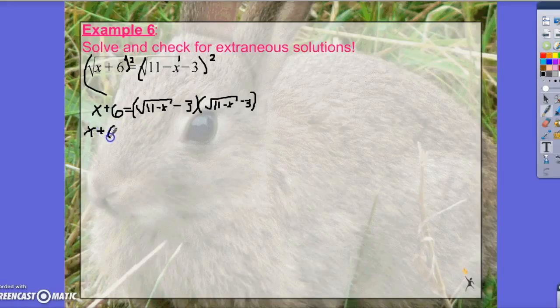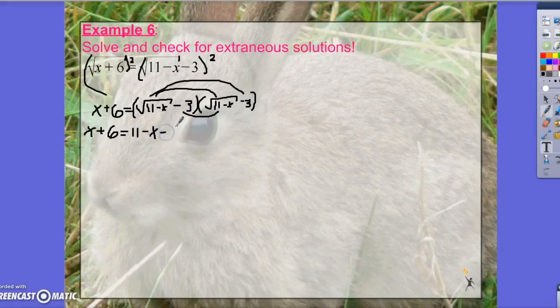All right. Now I'm going to do the shortcut at this point. I know when I do first of a FOIL, they're the same thing inside the root. Without writing it, I know the root's going to cancel out. It's just going to be 11 minus x. And hopefully you're okay with that at this point because I showed you the other ones. Then we do the outer, negative 3 square root of 11 minus x, and the inner, negative 3 square root of 11 minus x.